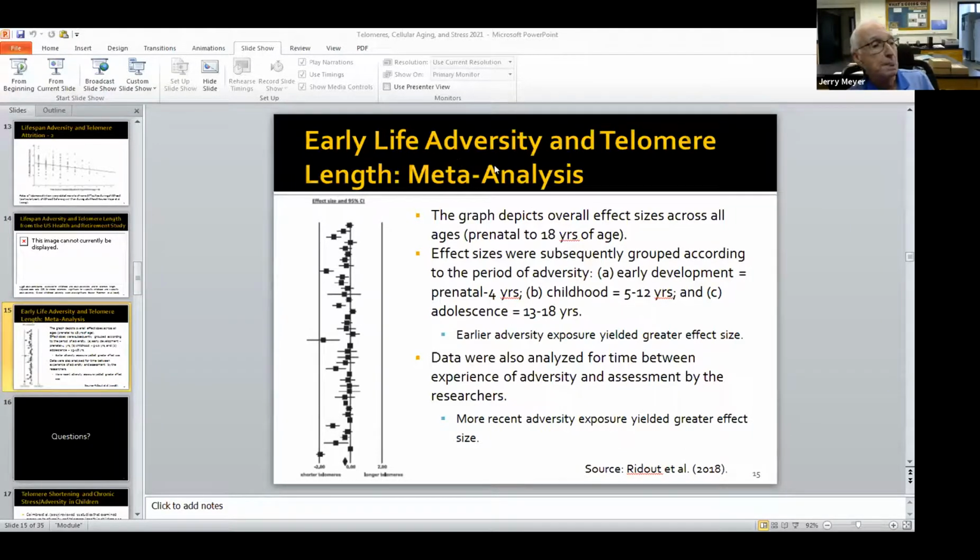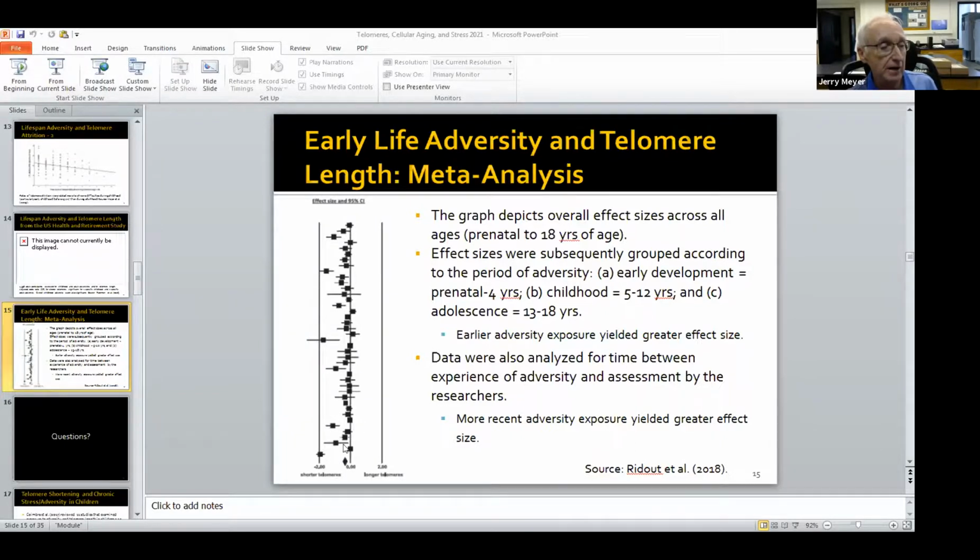So then, again, looking at early life adversity, a meta-analysis that was published in 2018. I'm not sure I made it clear before, when we looked at the depiction of these meta-analyses, for those of you who might be less familiar with it, each one of these squares with error bars represents the outcome of one particular study.